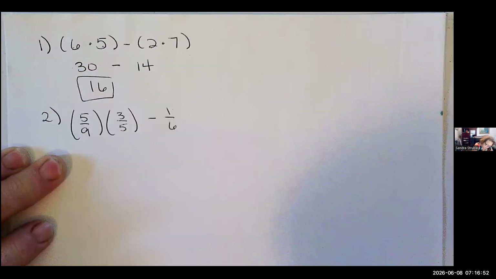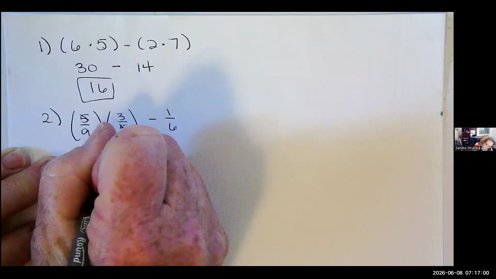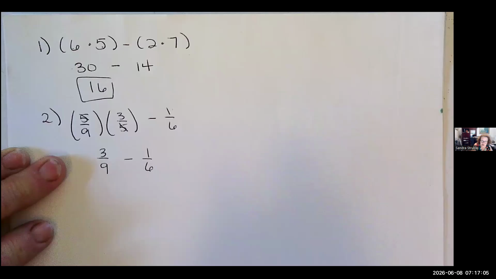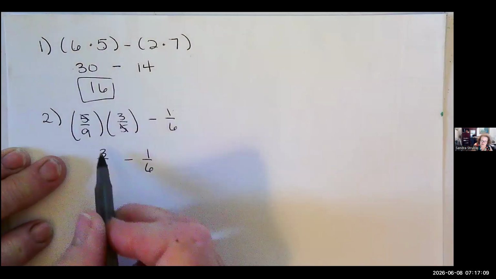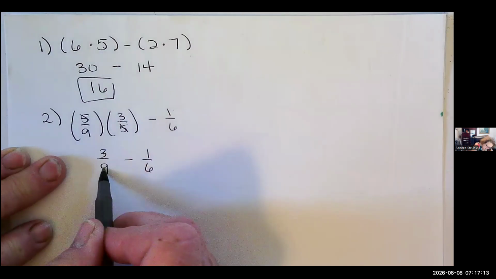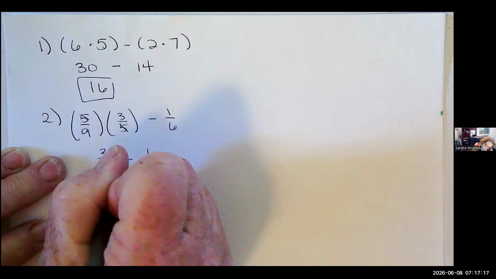I would reduce it before subtracting. So I'm going to go ahead and reduce first, and then that gives me 3/9. But I can reduce again because both of these are reducible by 3. 3 divides into 3 one time, and 3 divides into 9 3 times. So divide both of these by 3, and that gives us 1/3.